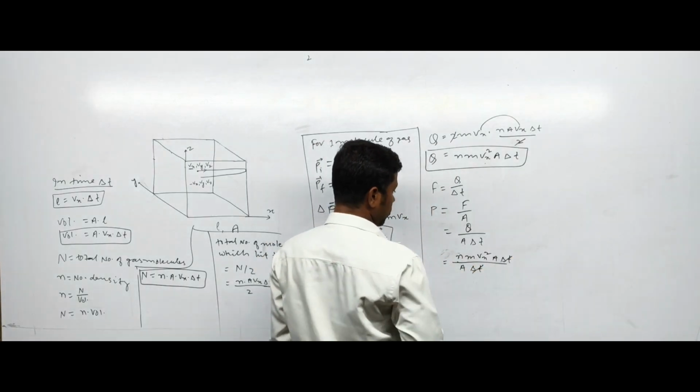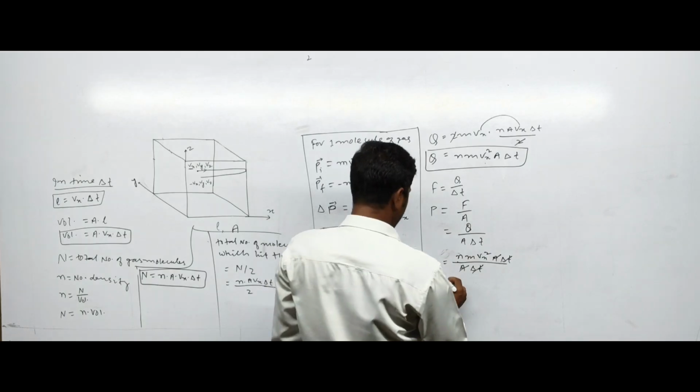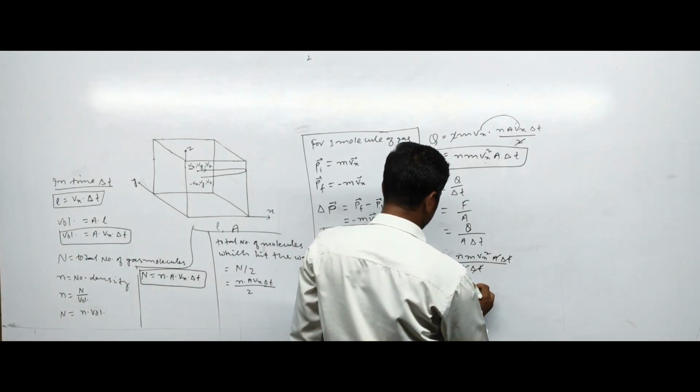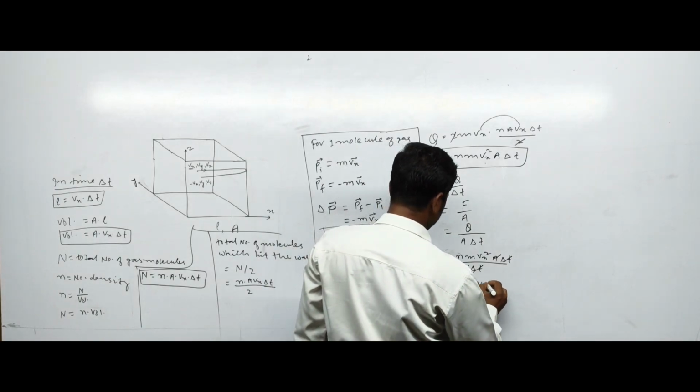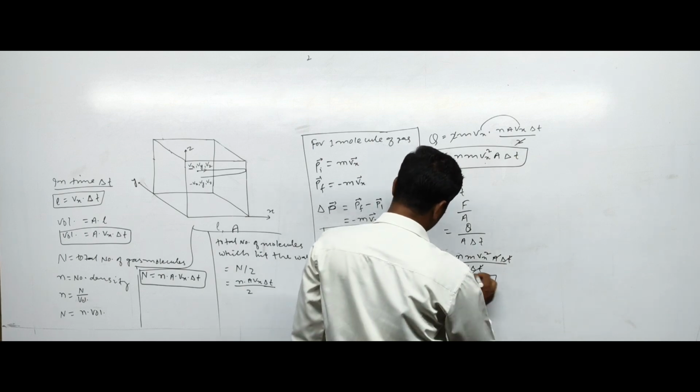Del t cancels out, A cancels out, and we have small n m Vx square. This is the value of pressure.